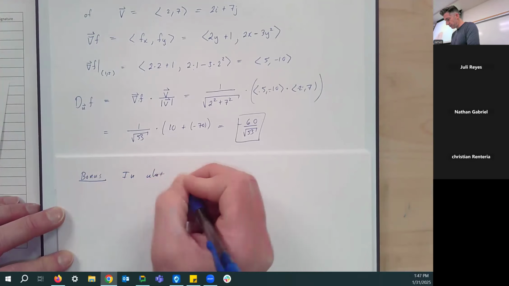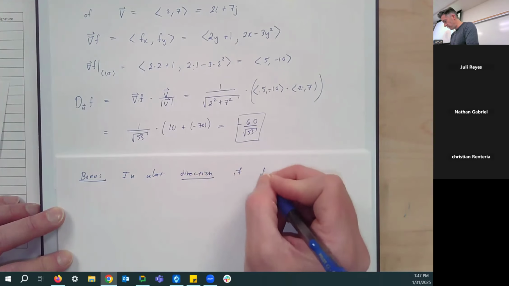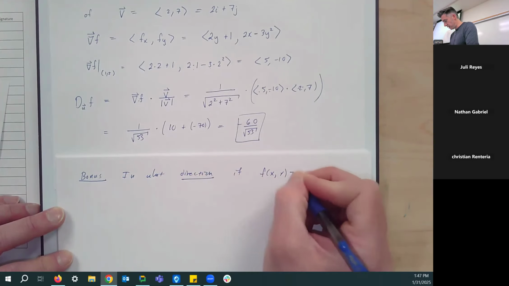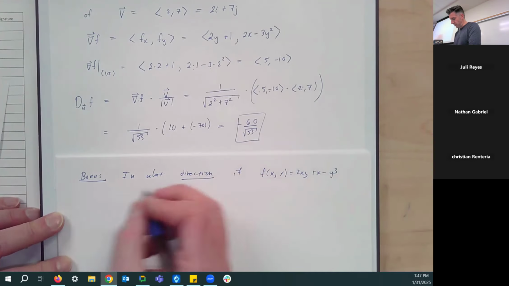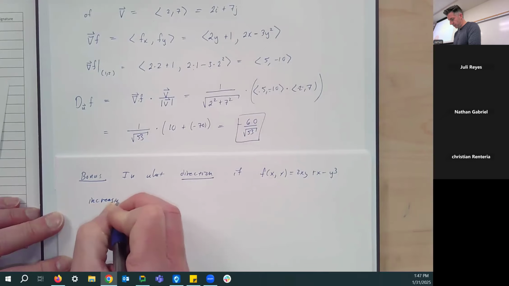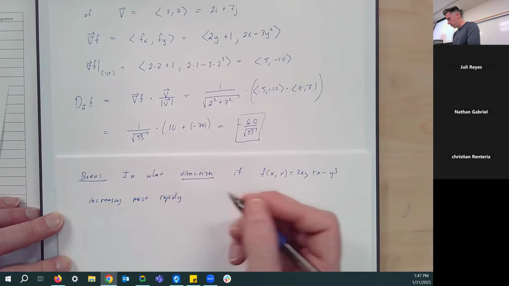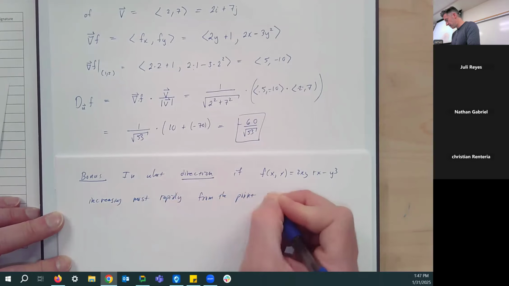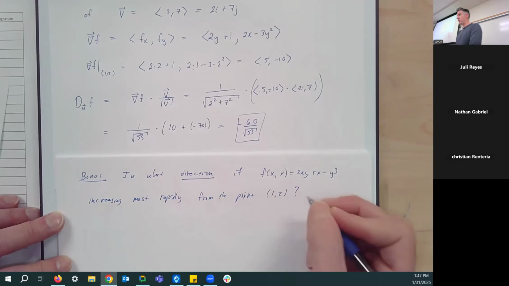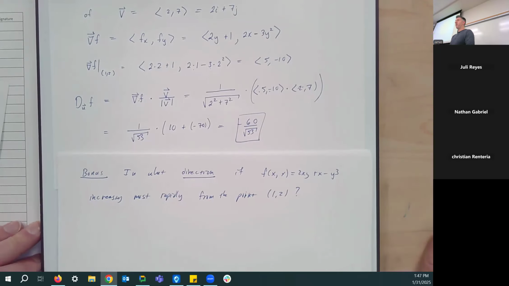In what direction is the function f of xy equal to 2xy plus x minus y cubed increasing most rapidly from the point 1 comma 2? Now, you can't ask about what direction you're increasing most rapidly if you're not saying at what point you're starting at. Okay. So there's a very straightforward answer to this question.